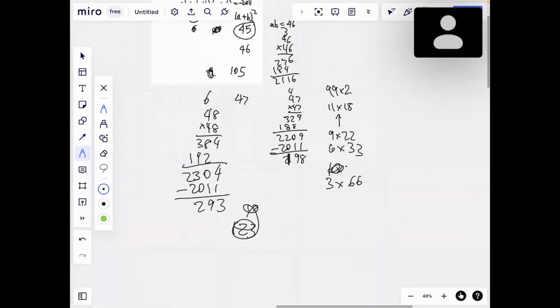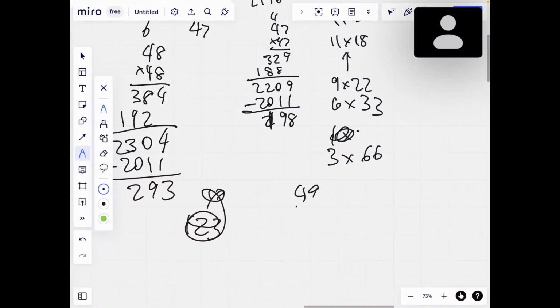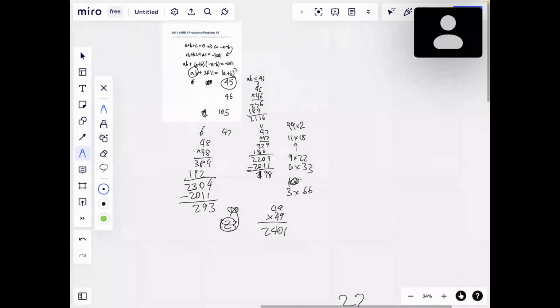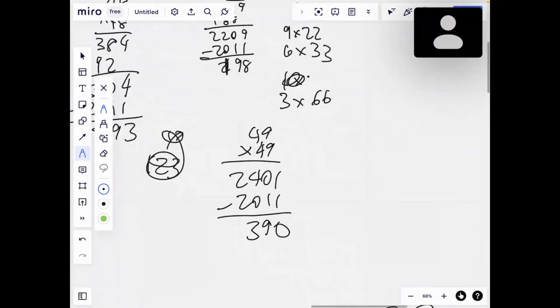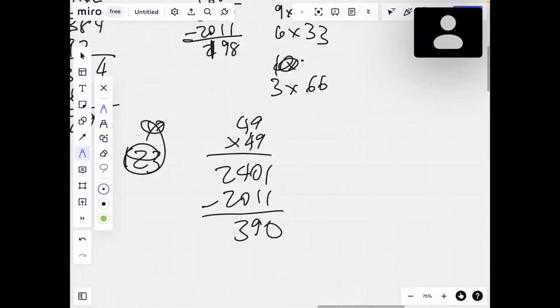Next, we try 49. So 49 times 49 we know is just 2401. So basically we have 2401 minus 2011, and this is 390. So we need to find two numbers that multiply to 390 and sum to 49.